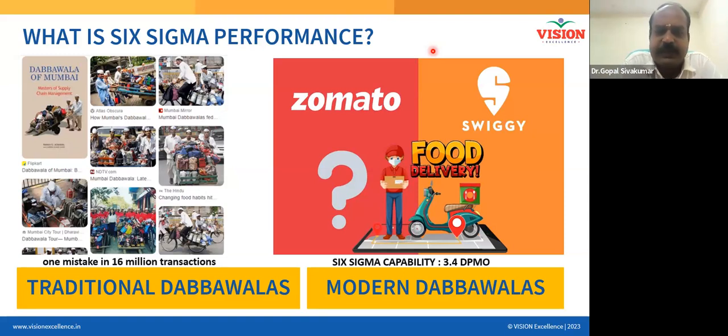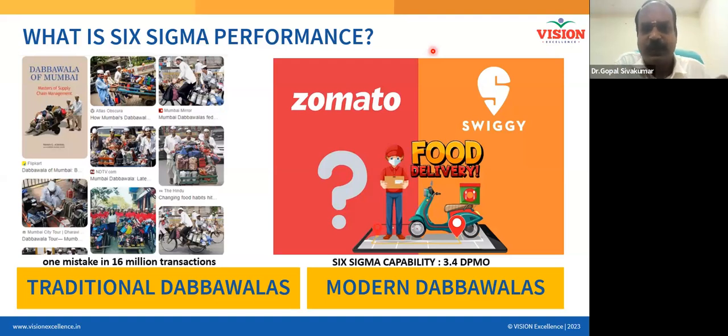If 100 deliveries are happening, how many opportunities are possible? 300. One delivery, 3 opportunities. So 100 deliveries, 300 opportunities. So we just understood the defect opportunity, and then for a particular scenario, the total number of opportunities.